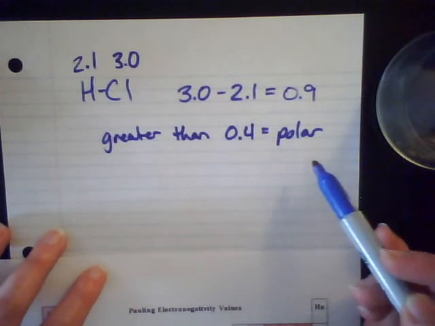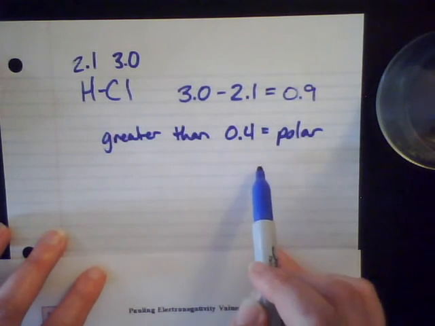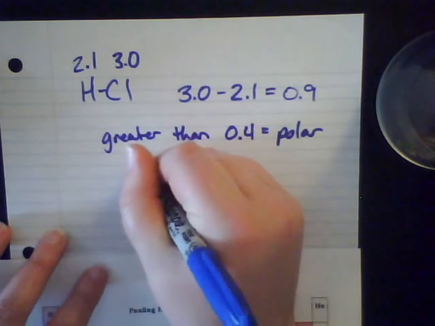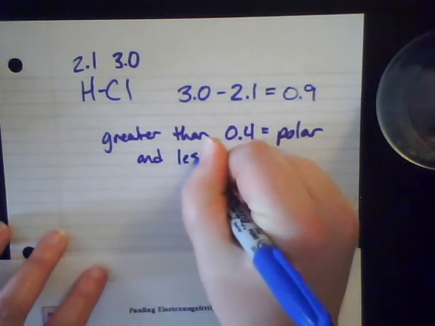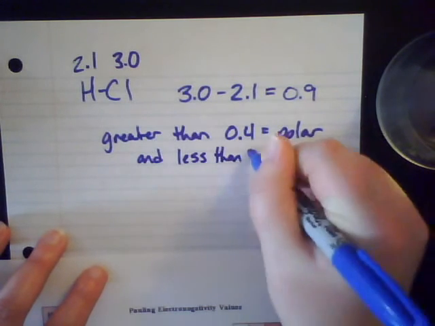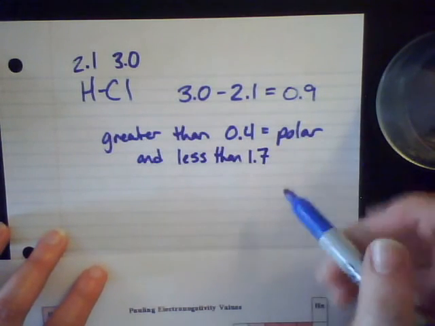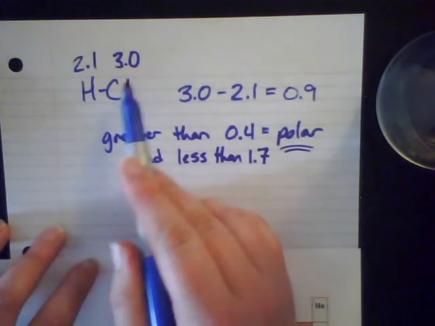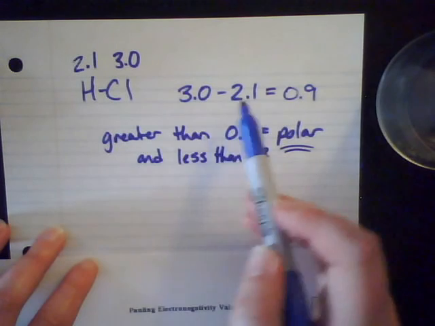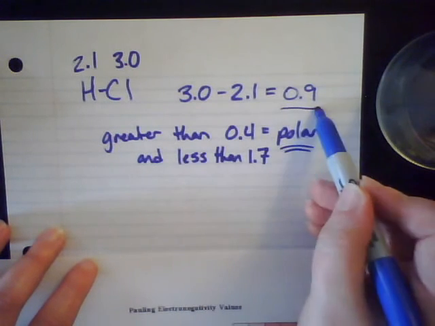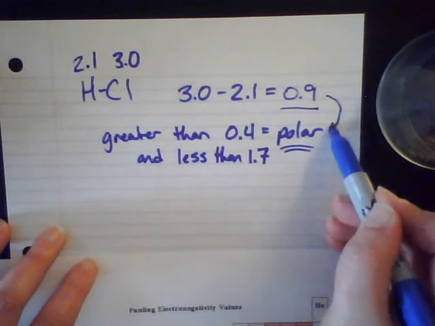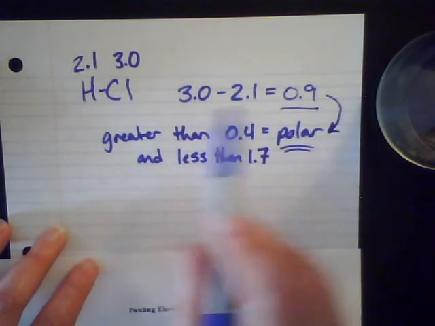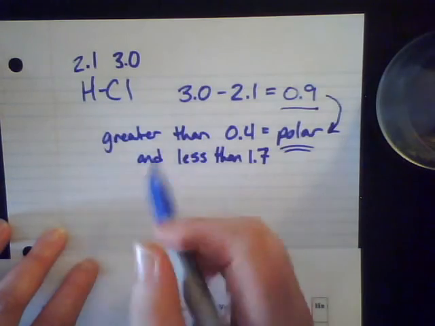And so the range for polar bonds is greater than 0.4, but less than 1.7. That gives you a polar covalent bond. So we take the difference between the two values, smallest from the largest. That number gives us information about the polarity of the bond. If it falls within this range, then it is polar. So in this case, this is a polar covalent bond.